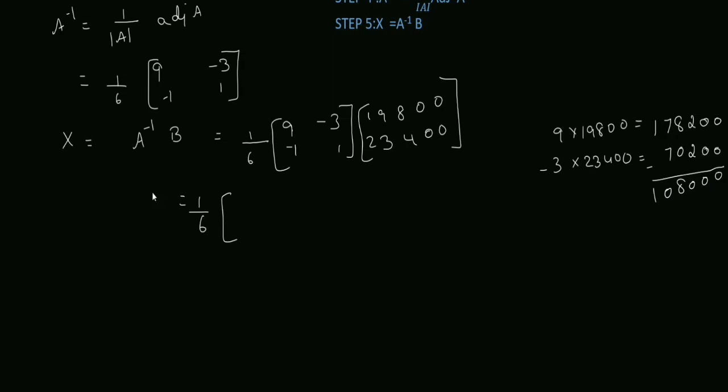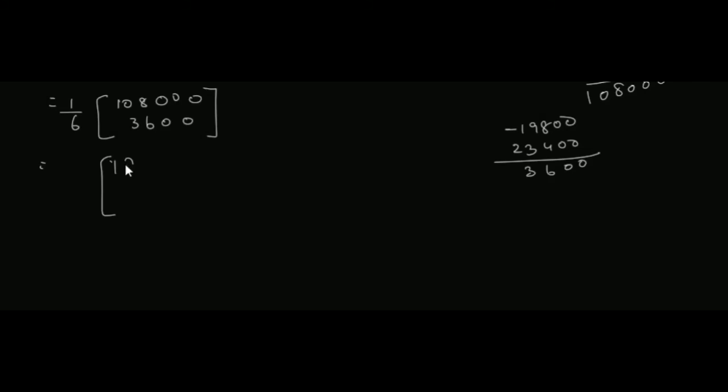What about the second row? This is minus 19800 plus 23400. When you subtract these two, you will get 3600. Now divide this by 6.